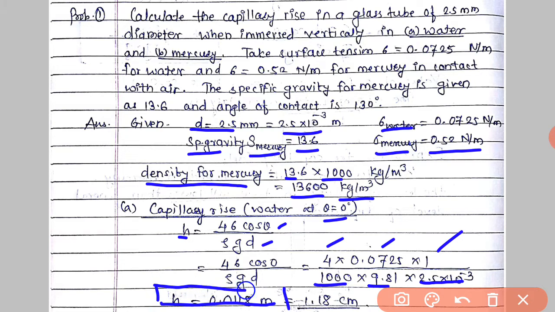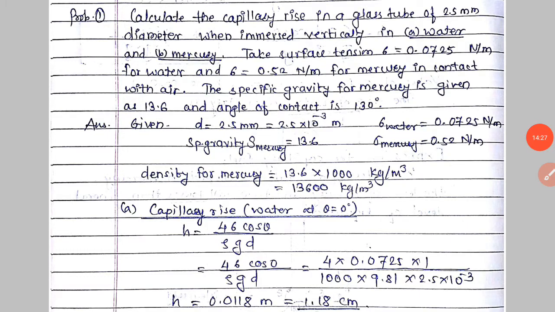We can convert it into mm or centimeter, so we have converted it to 1.18 centimeter. This is the equation for capillary rise, and from it we have calculated the capillary rise as 1.18 centimeter. So this is the capillary rise in water.